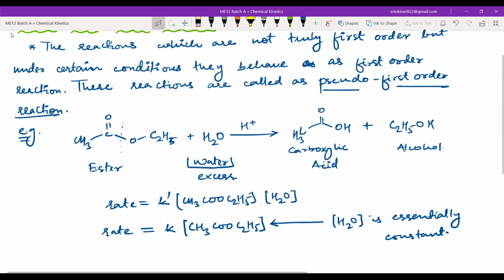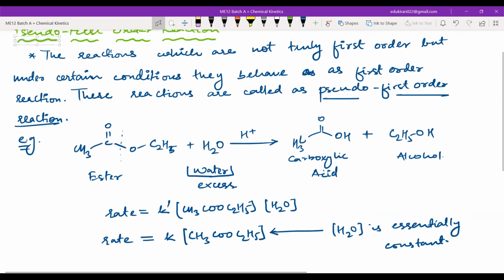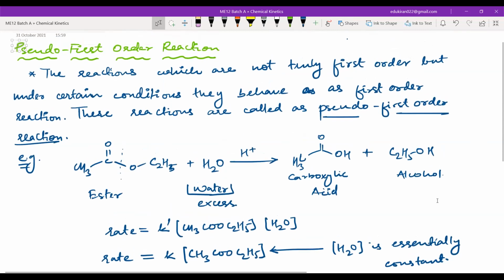I've written nothing else in the portions here. Pseudo first order reactions. Amalia is done.